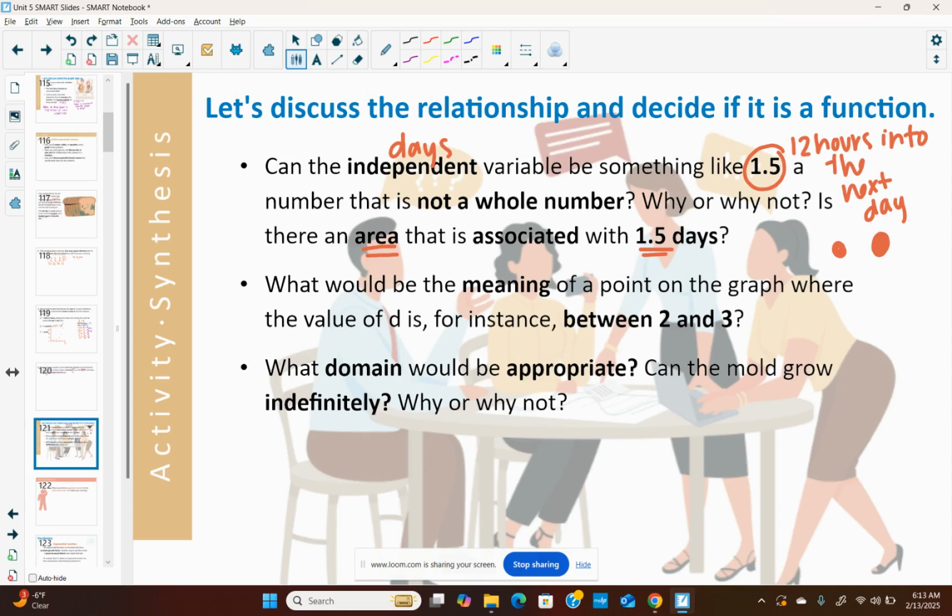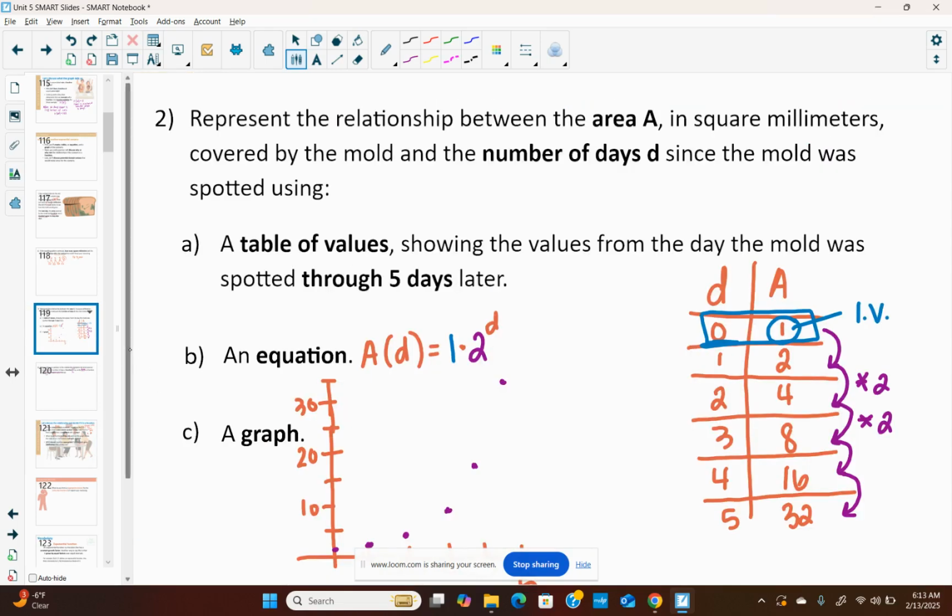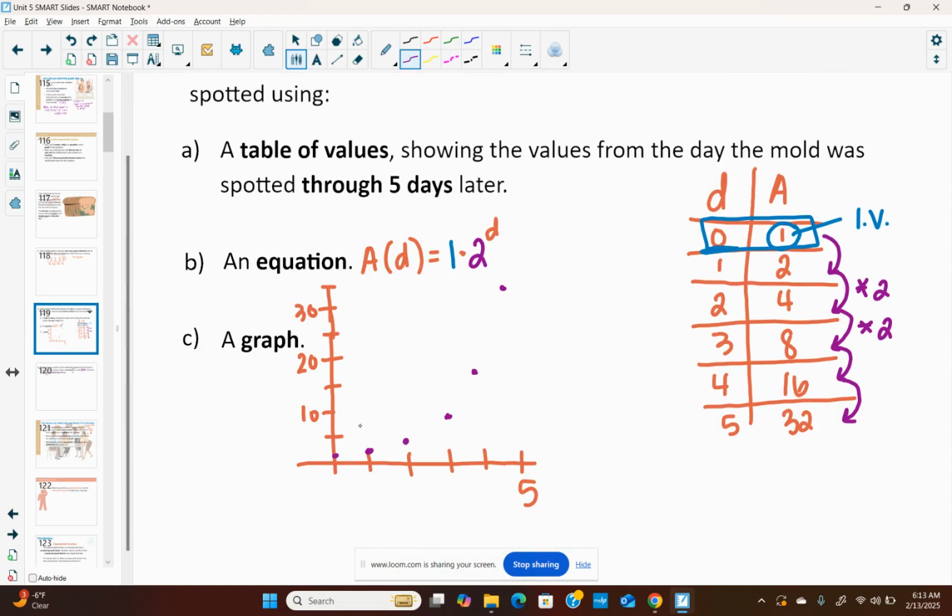So what would be the meaning of a point on the graph where the value of D is, for instance, between 2 and 3? So if we're going back to this graph that I had drawn here, and if I connected this, right, what would the value between 2 and 3 be? So here's 1, 2, 3. So we're looking in between these two.